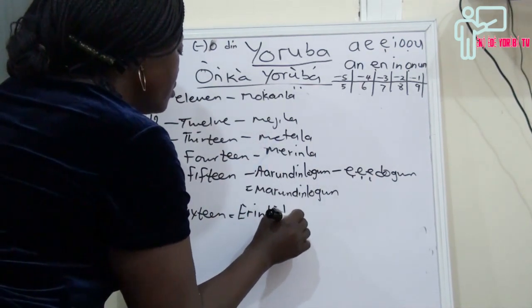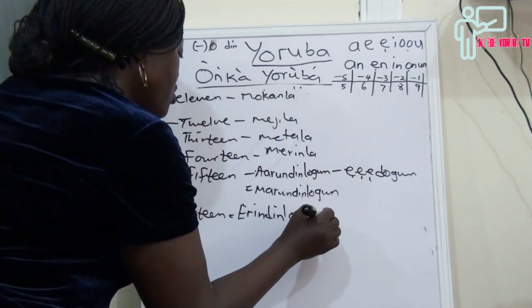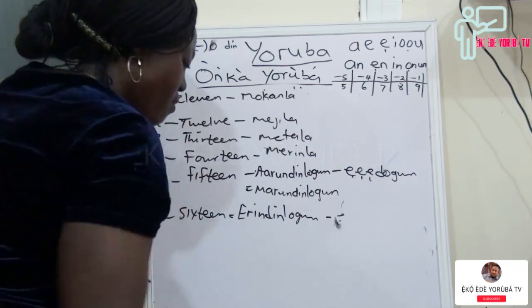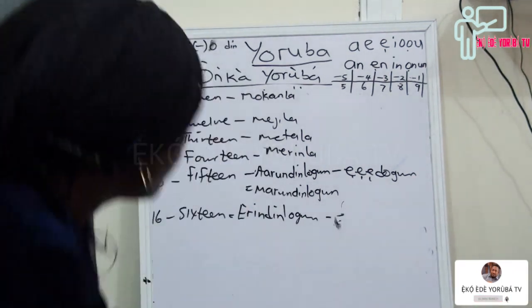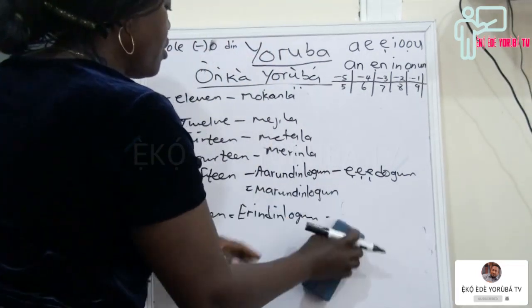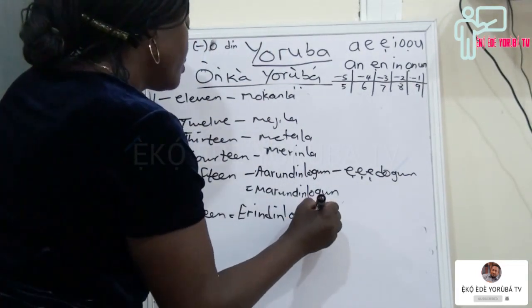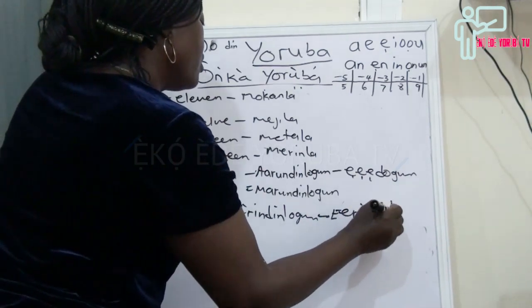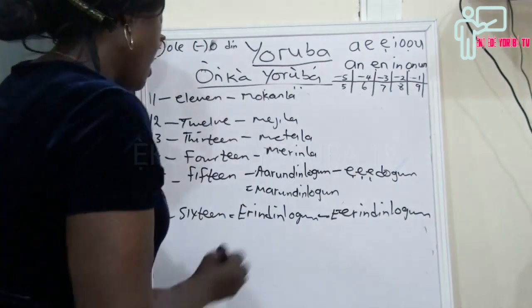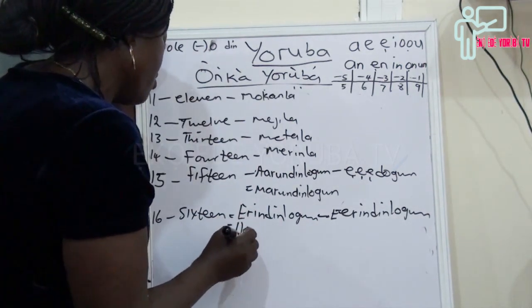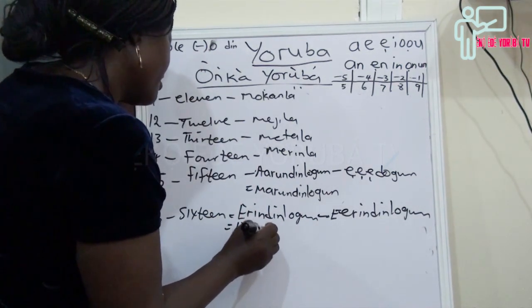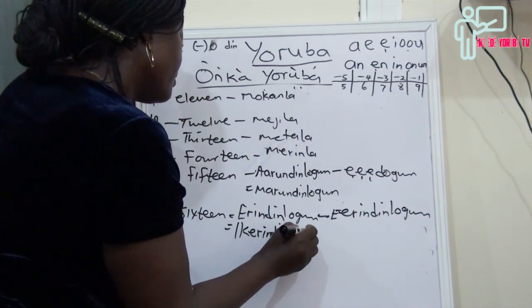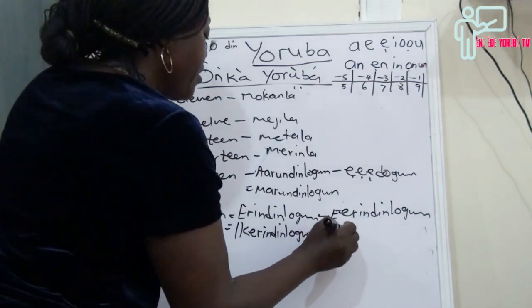You can also say ìkẹrìndínlógún, mẹ́rìndínlógún.